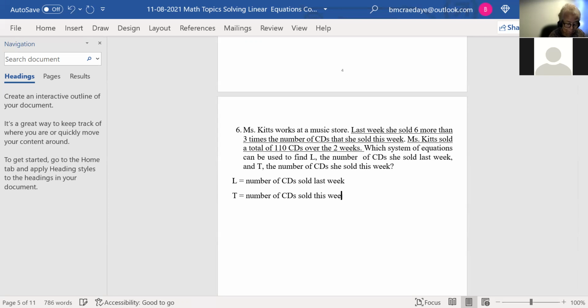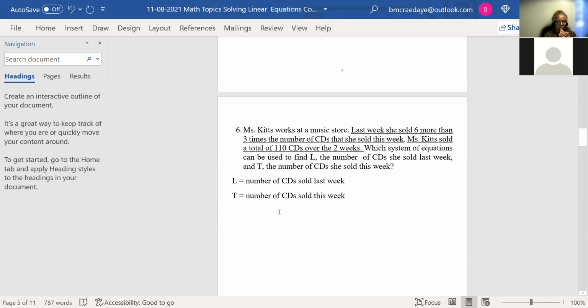All right. Now, we know that she sold 110 over the 2 weeks. So we know the number sold last week plus the number she sold this week is 110. How do we write that, Maureen?